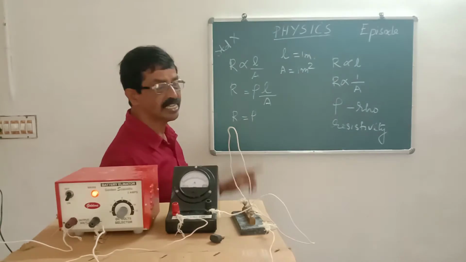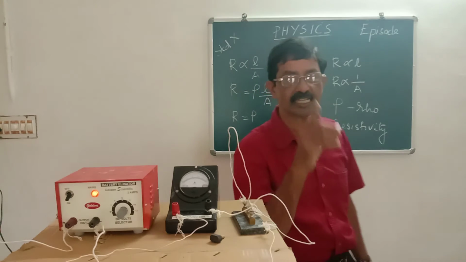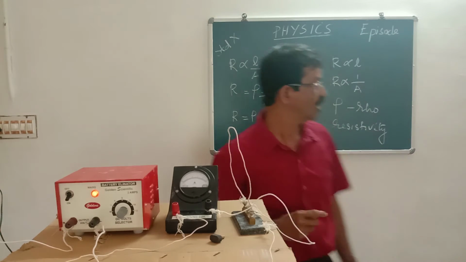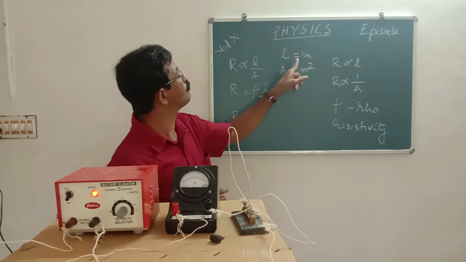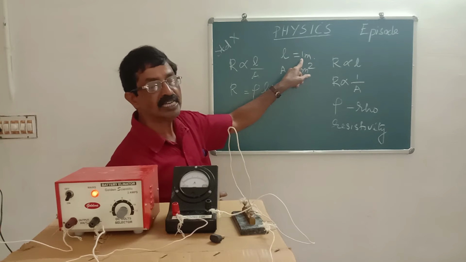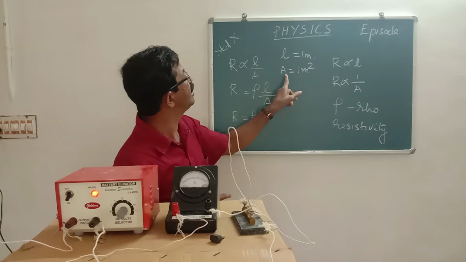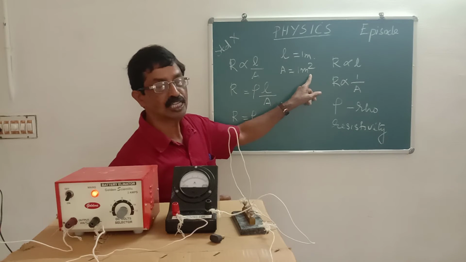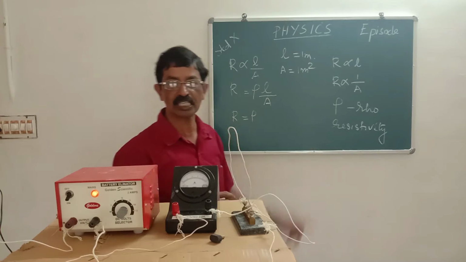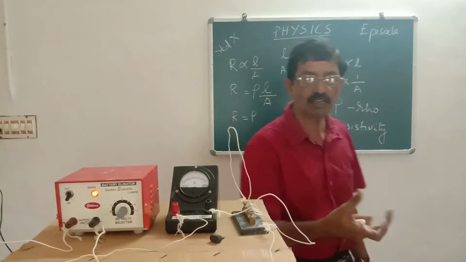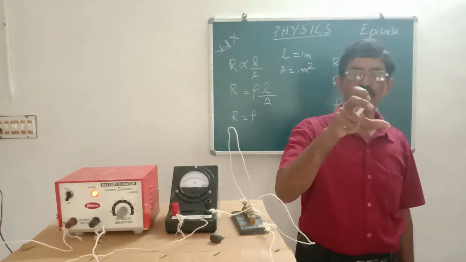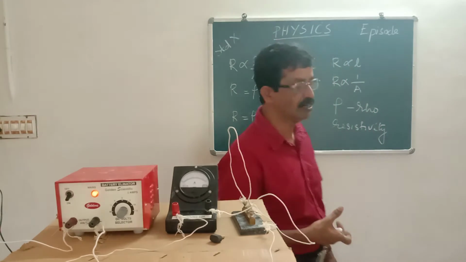So resistivity is actually the resistance of a material of length 1 meter, means unit length, and area of cross section 1 meter square, means unit area of cross section.